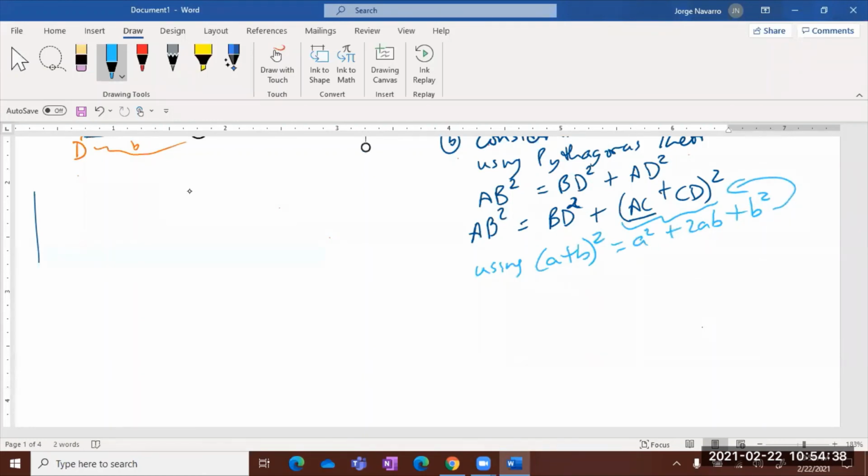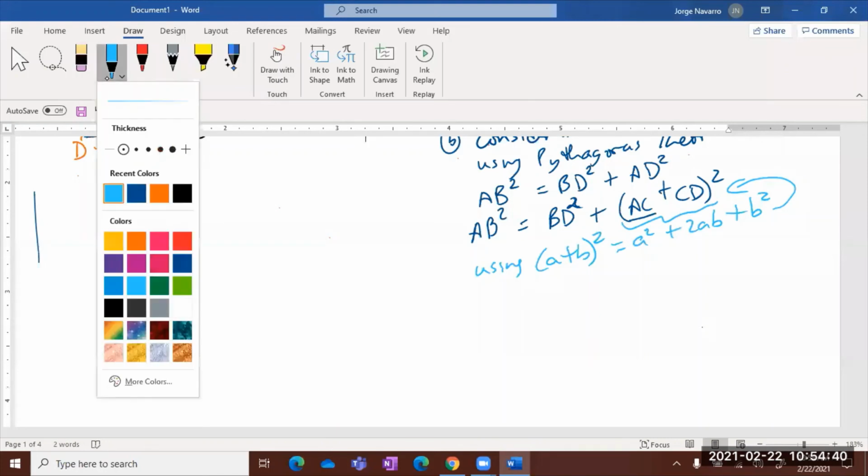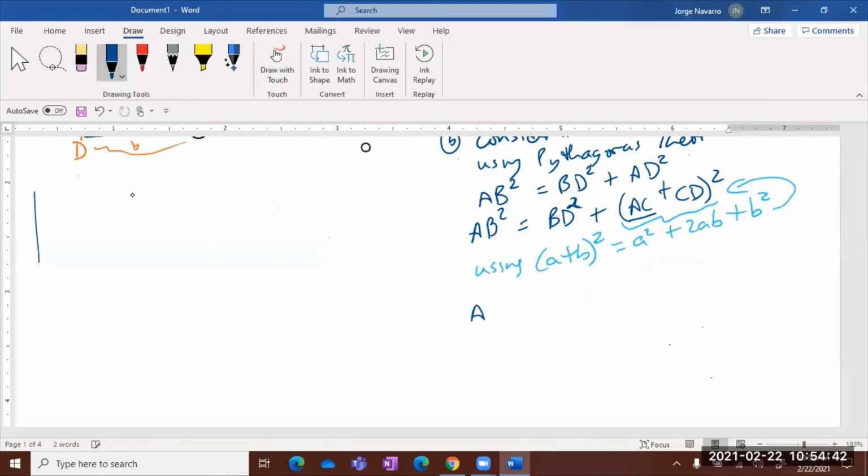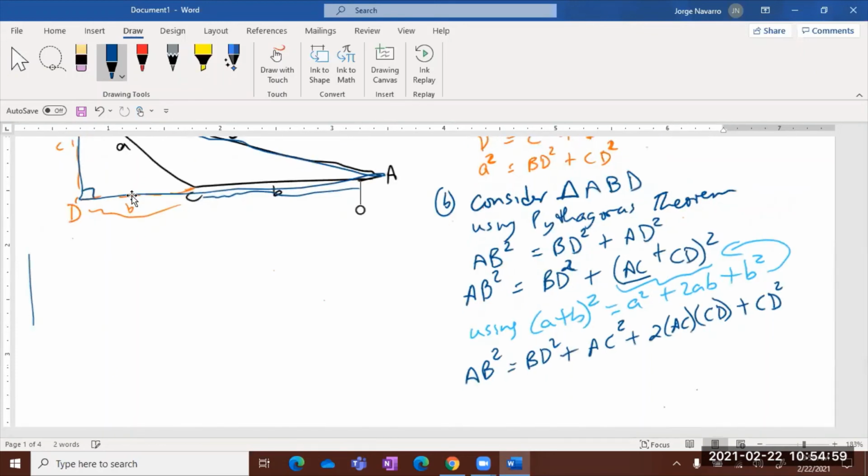Which will give me AB squared is equal to BD squared plus AC squared plus 2AC times CD plus CD squared. Everybody with me? Did I lose anybody?